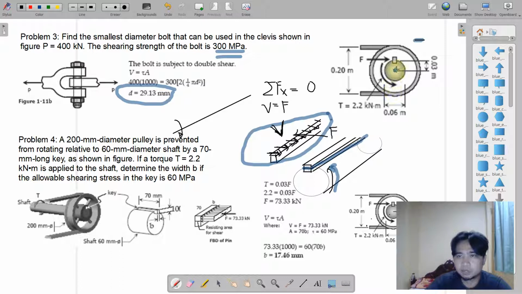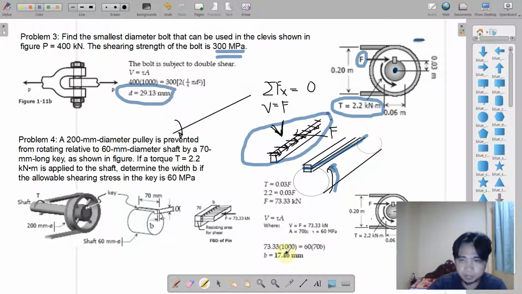On that torsional force, of course, we want to refer it to the point of origin of the axis. So in order to have a relationship between F and this torsional force equivalent to 2.2 kilonewton meter, we will just have to take moments at the point of origin of the torsion.